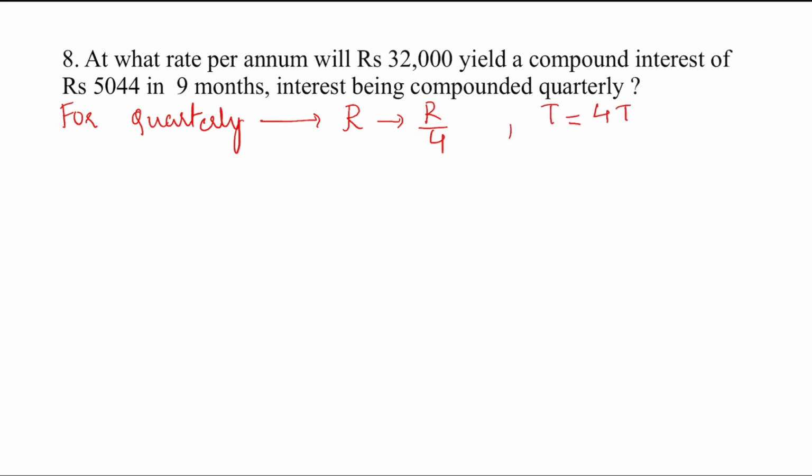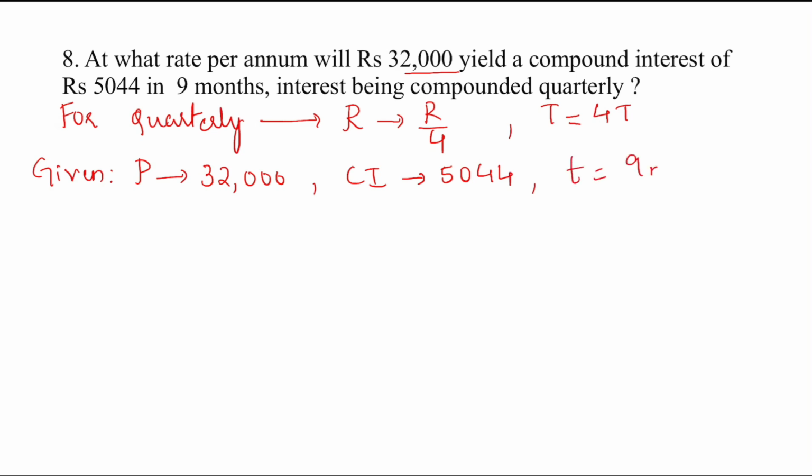What are the given things? 32,000 is the principal amount. It will yield a compound interest of 5,044 in 9 months. So the time is 9 months.